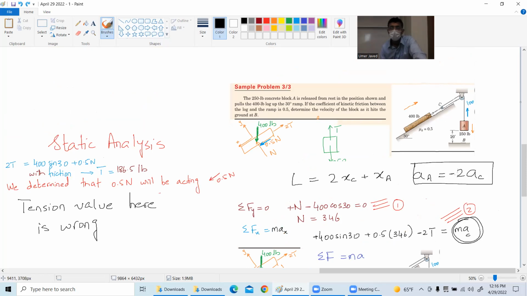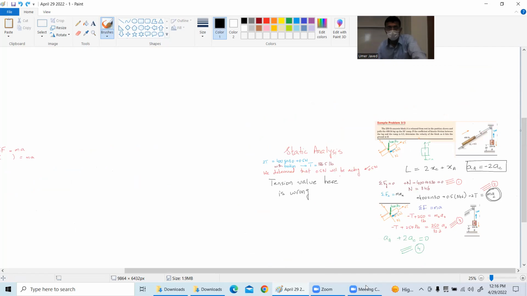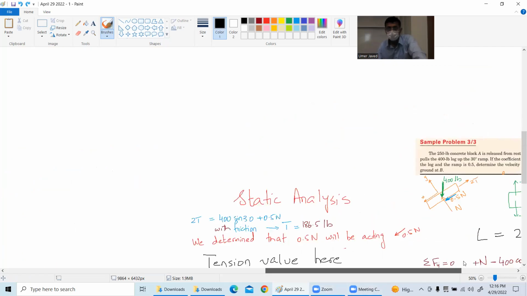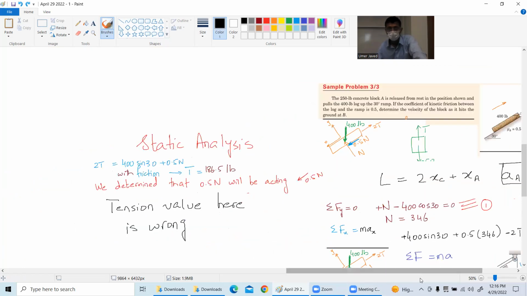This will automatically correct the direction. So this is why I'm not writing it as AA equal to 2AC. I have to follow the method. So AA equal to negative 2AC will make sure that all these equations solve themselves correctly. You need a lot of practice for this, just to be clear. I tried my best to explain the methodology, but you have to open the Meriam or Hibbeler book.